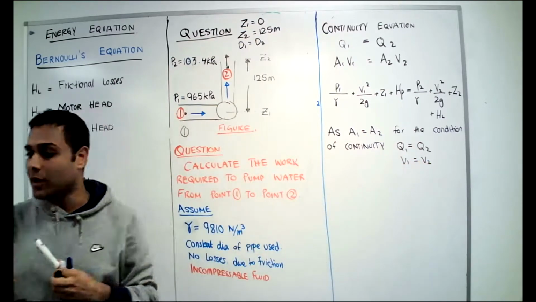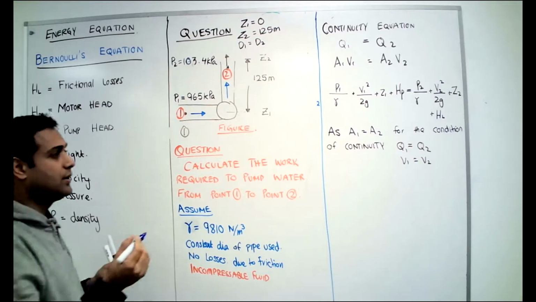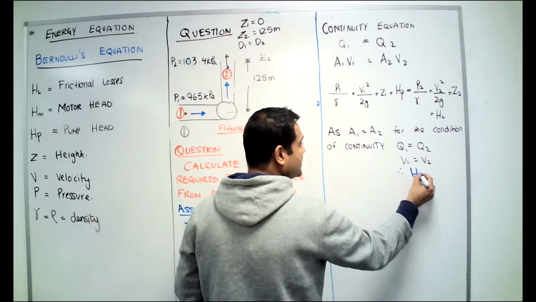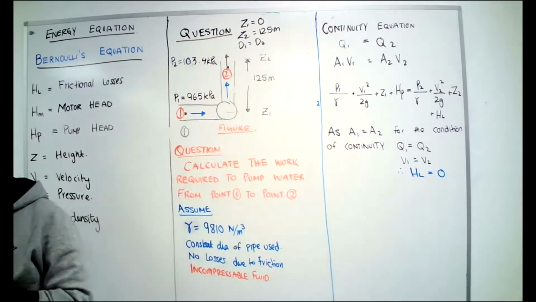So velocity at 1 should be same as velocity at 2. Otherwise, the equation will not work. If the velocity at 1 and velocity at 2 are equal, that means HL has to be 0. That's always the case.